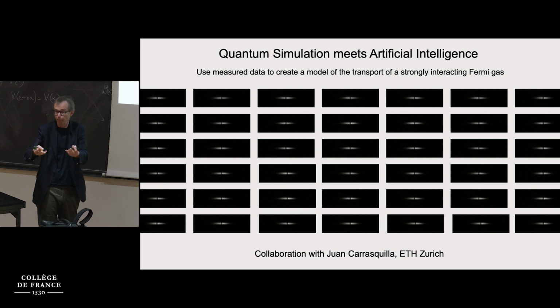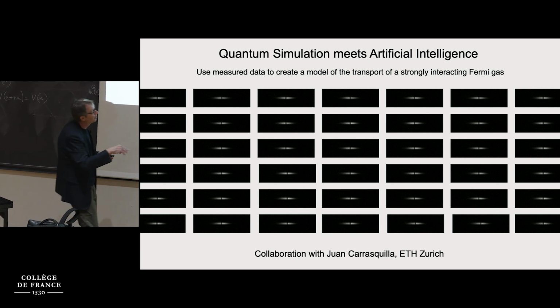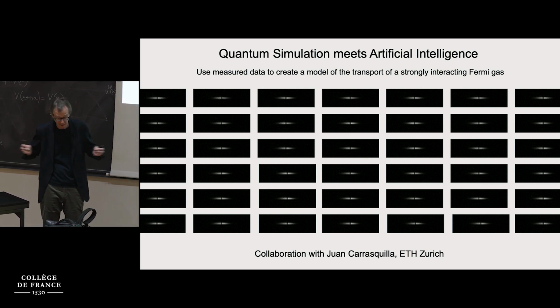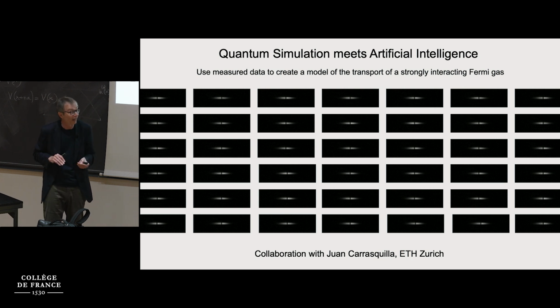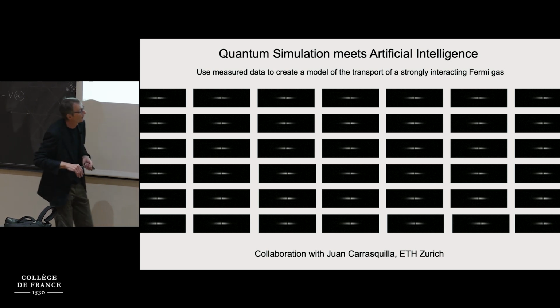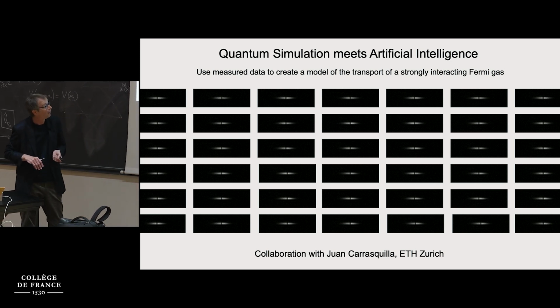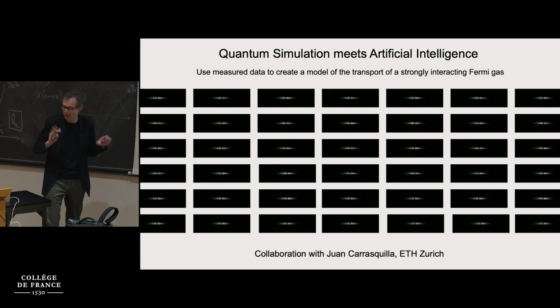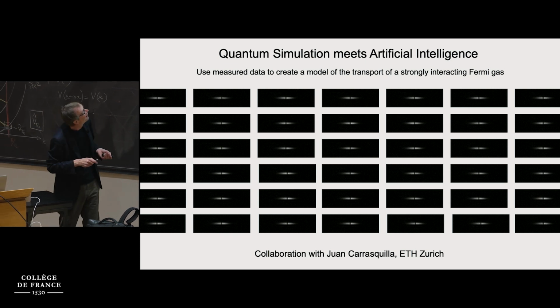The images have all the information, so feed a big neural network and see whether it can then always produce the right thing that we expect. We are collaborating on that with Johan Karaskila. We have no preliminary results yet, but we like the idea.